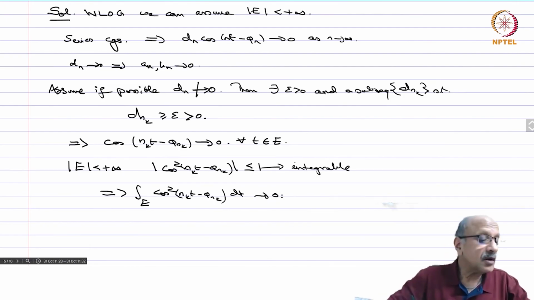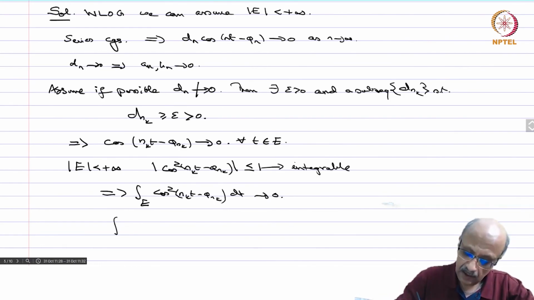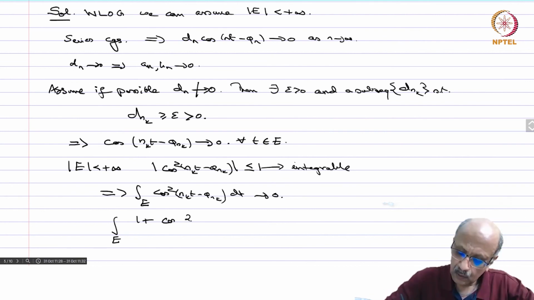So that is, the integral over E of (1 plus cos 2(n_k t minus phi_{n_k})) by 2 dt goes to 0.